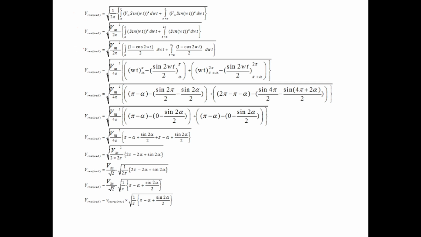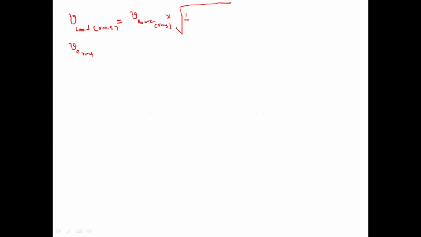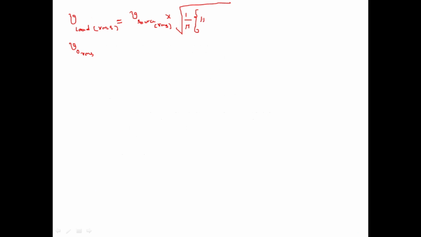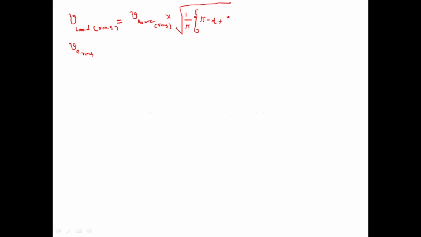This is the formula: V load RMS equals V source RMS into root of 1 by pi times pi minus alpha plus sine 2 alpha by 2.